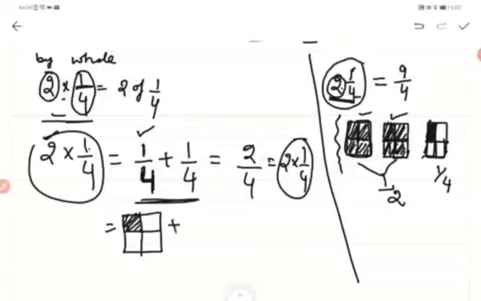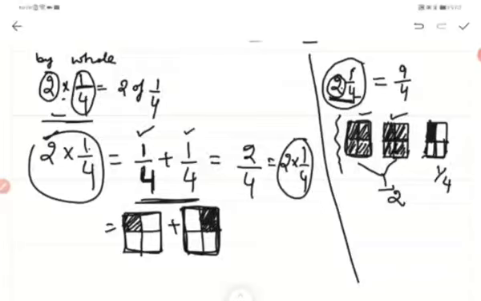One more is the same. This time I will shade this particular part of the square. You can take this one, but for easy understanding I am taking this. So when I am adding these two squares, each divided into 4 parts, the whole and the part of it, that is 1/4 part of it, is represented by 1 by 4.